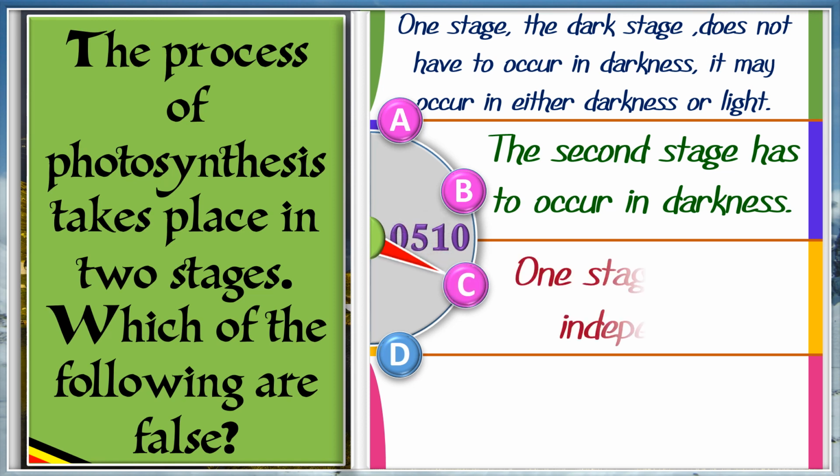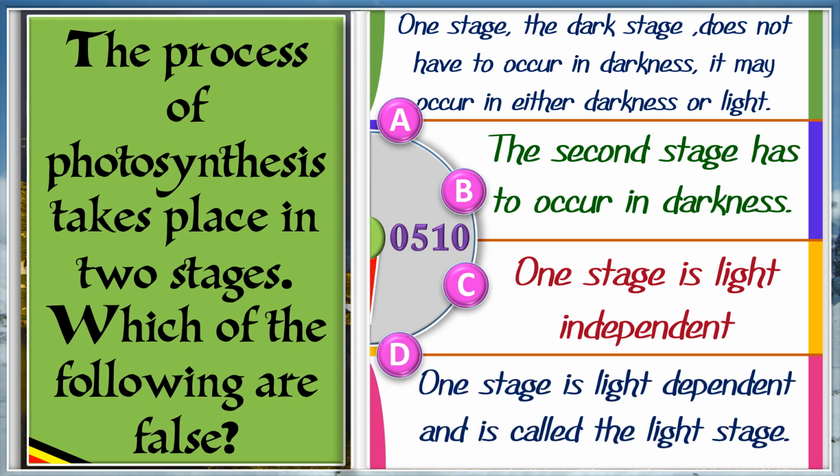C. One stage is light independent. D. One stage is light dependent and is called the light stage. And the answer is B. The second stage has to occur in darkness.